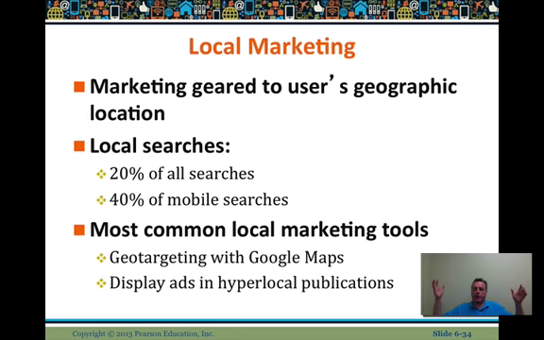Local marketing is huge. So localization and location-based marketing: local geographic areas make up 20% of all searches, but 40% of all mobile searches. So people on the go are looking for stuff nearby, and the GPS functions on their phones or applications such as Foursquare will help them find frequently visited places or places that are recommended to them based on places they visited before.